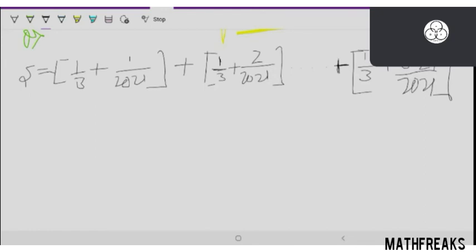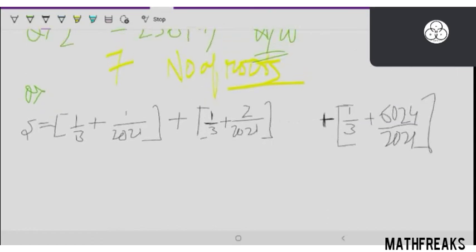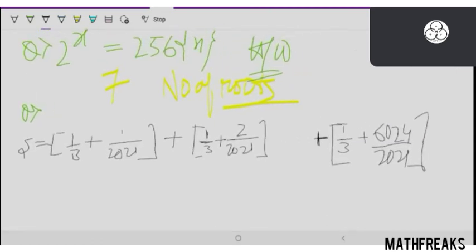I'll just give you a hint, even I did not solve the entire question. Now it's visible. Find the value of s. Here there are some dots. One by 3 over 1 over 2021, 2 over 2021. This is 6024 over 2021.